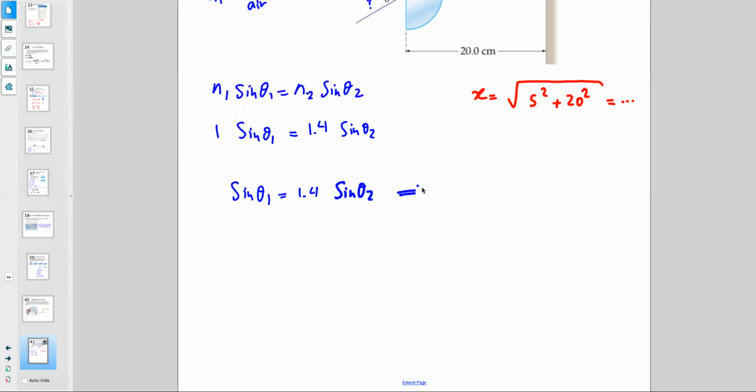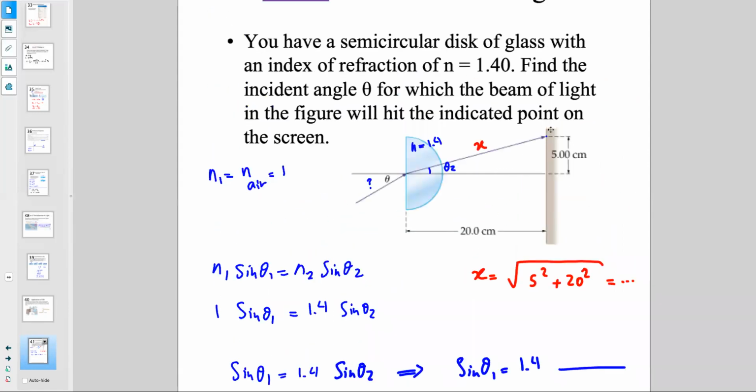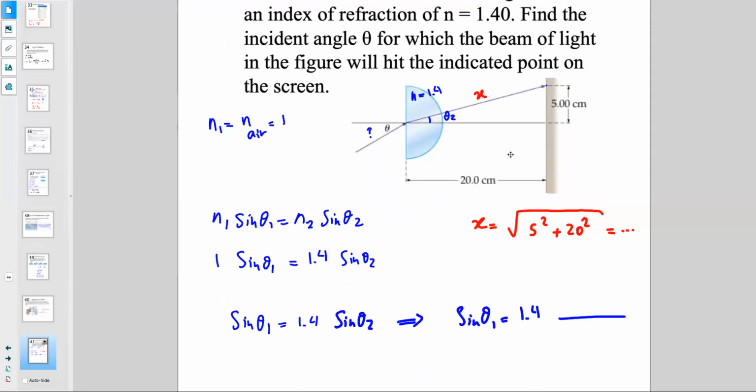Okay. Sine theta 1 is 1.4 sine theta 2, which is, in our case, this side over x. So 5 over the square root of 5 to the power of 2 plus 20 to the power of 2.